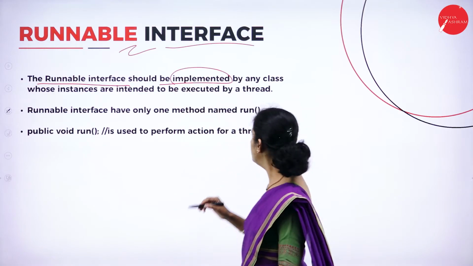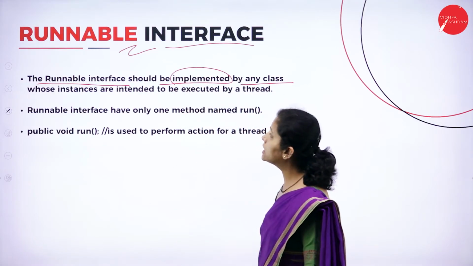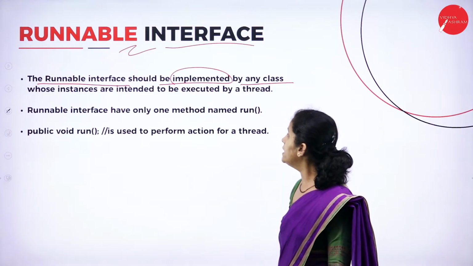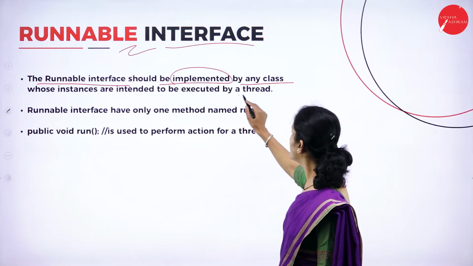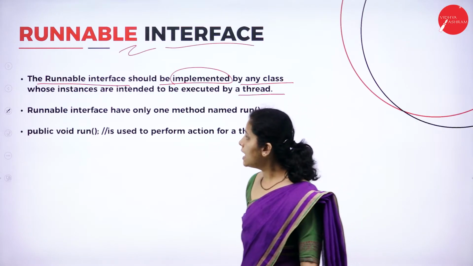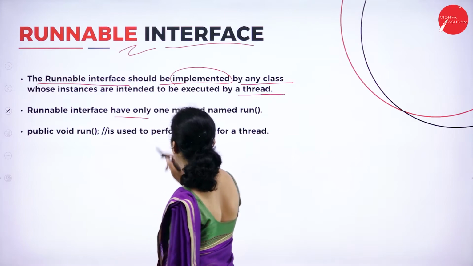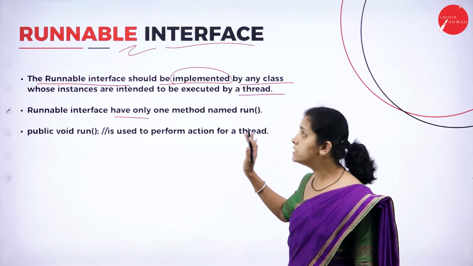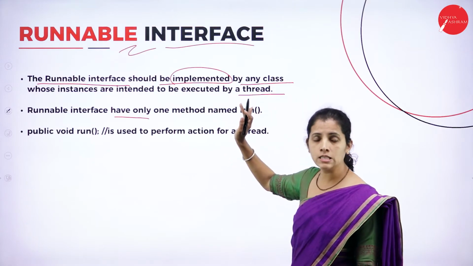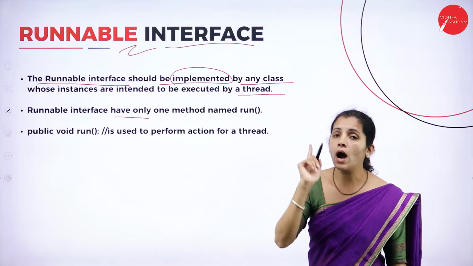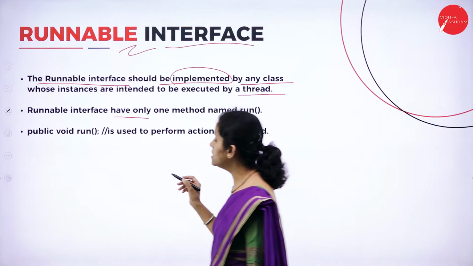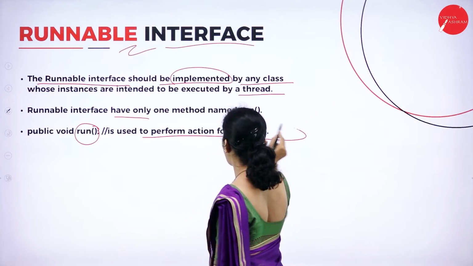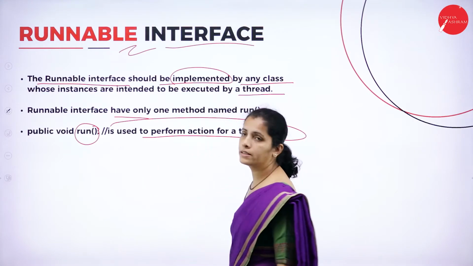It is implemented by any class whose instances are intended to be executed by a thread. Now, the Runnable interface has only one method named run. It is going to include only one method, the method name here is run, and it is used to perform an action for a thread.